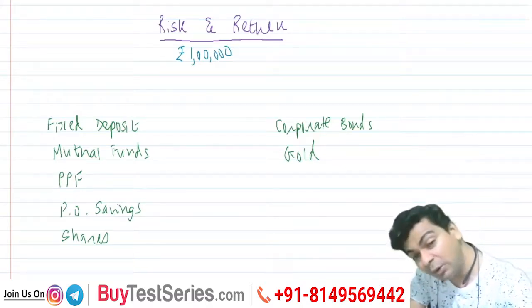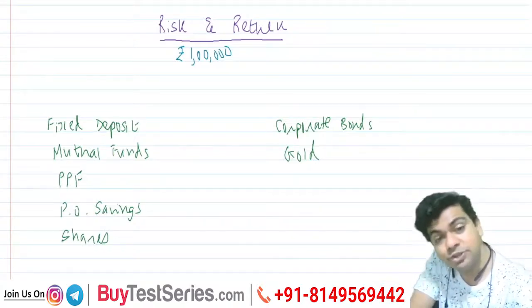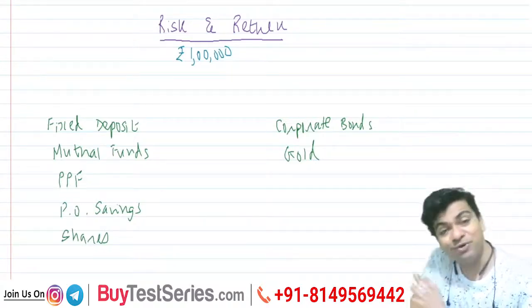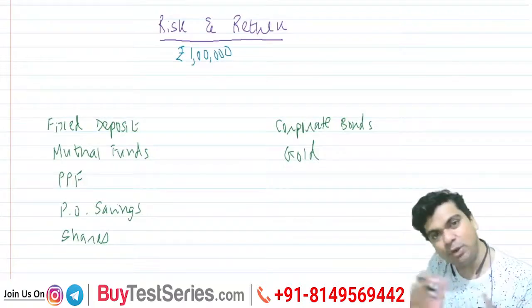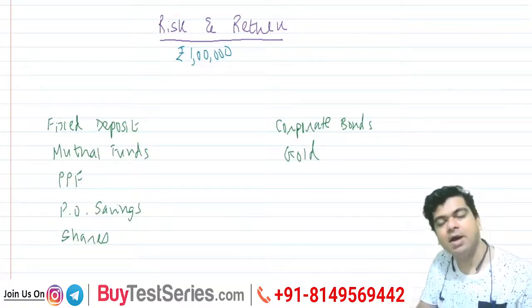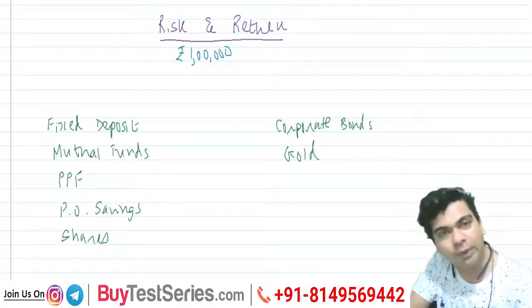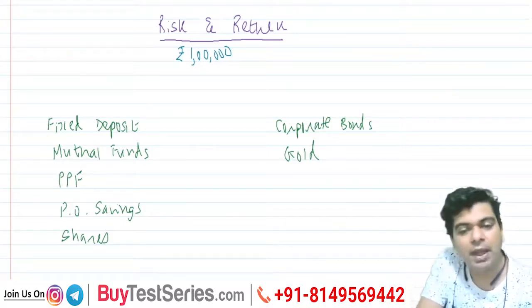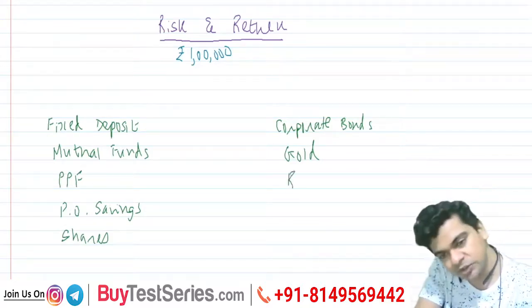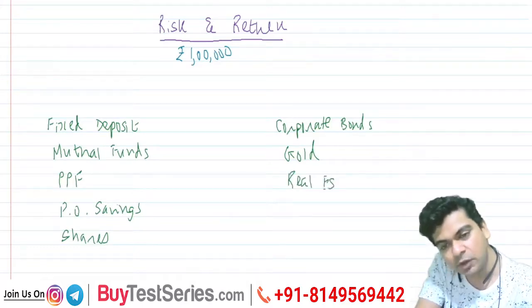Real estate can also be one thing that may come to your mind, but see, I have put it very clearly. We have 1 lakh of rupees. In simply rupees 1 lakh, no real estate is going to be available. But still, for the sake of it, as one of the investment avenues, I may say real estate.